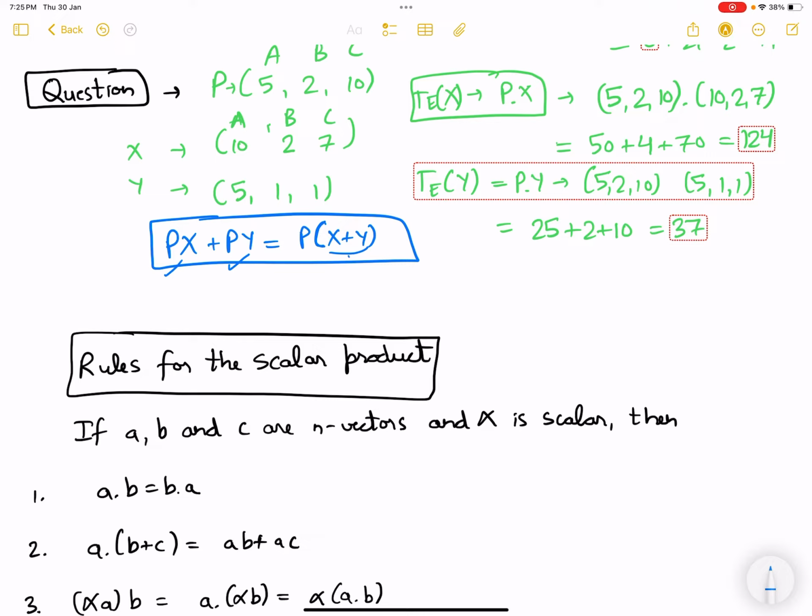We have found P into X was 124, P into Y was 37. So this total is 161.